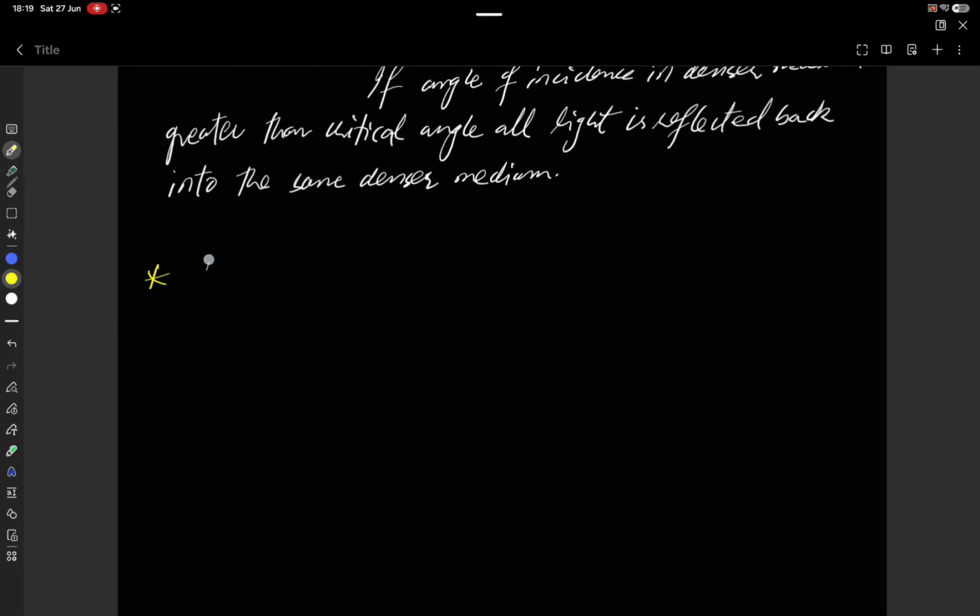Conditions for total internal reflection. The word we use is reflection.